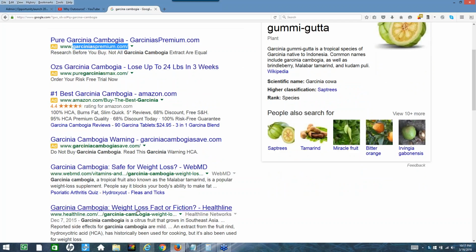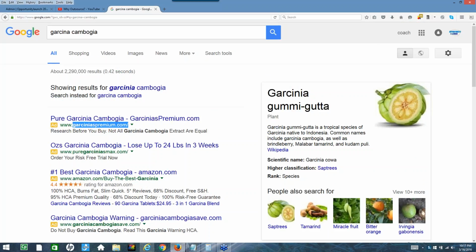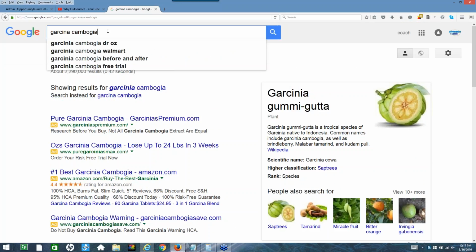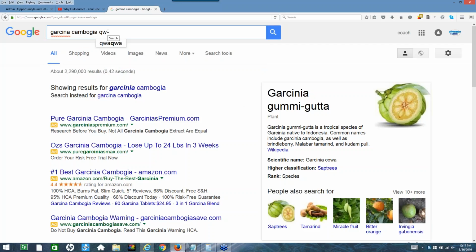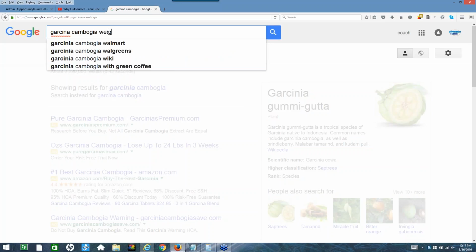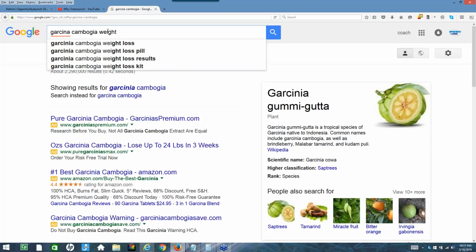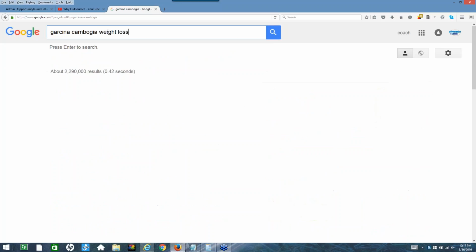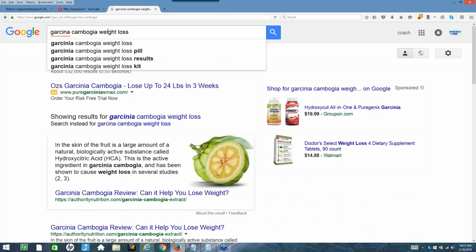So there are people that want to show up for that phrase, Garcinia Cambogia, and let me go ahead and type it in. Weight loss. That is an entirely different keyword. And you see other things, pill, result, and so forth.